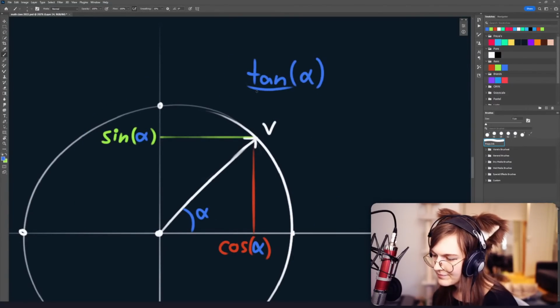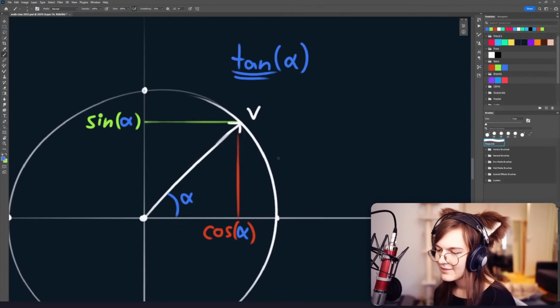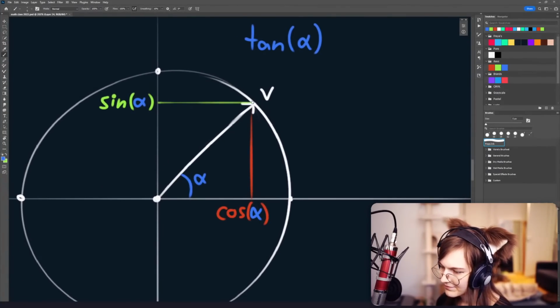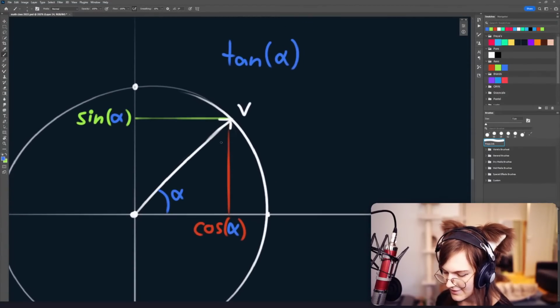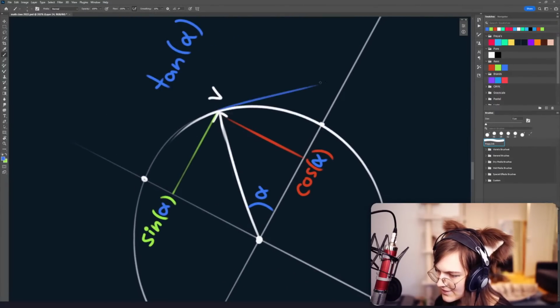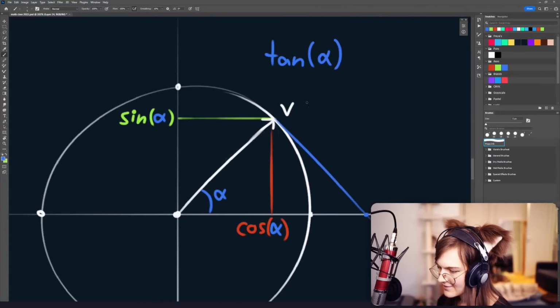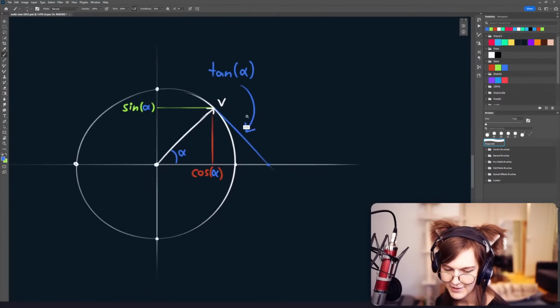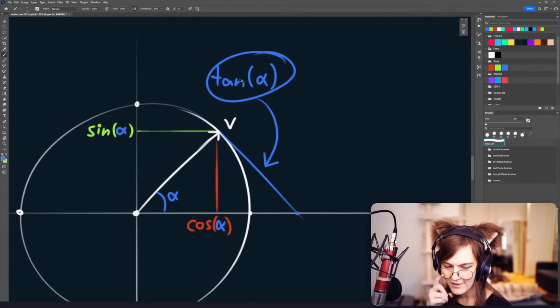The name kind of gives it away, because the tangent of this angle is actually the length of the tangent to the circle at that point down to the x-axis. So the length of this one is the tangent of the angle.